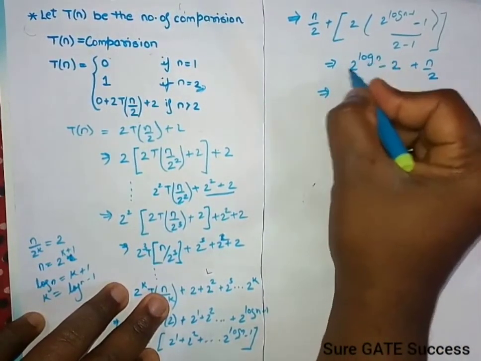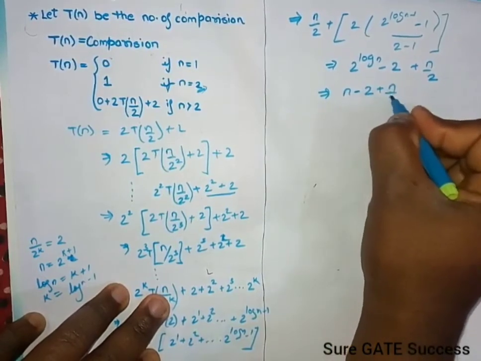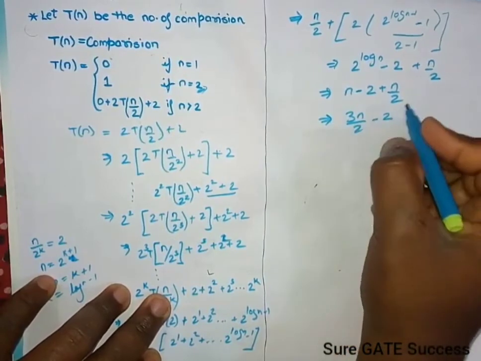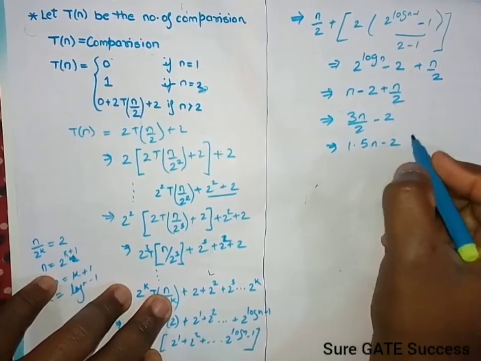So if we solve it, it will be n minus 2 plus n by 2, which is 3n by 2 minus 2, that is 1.5n minus 2.